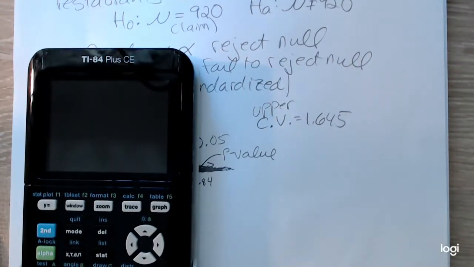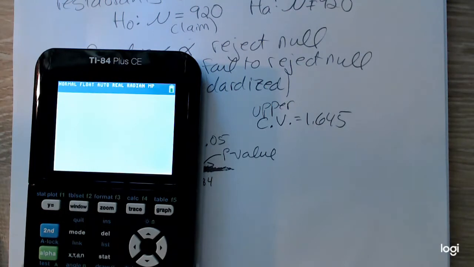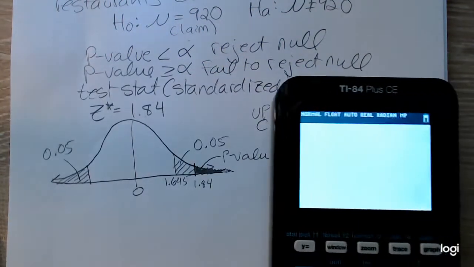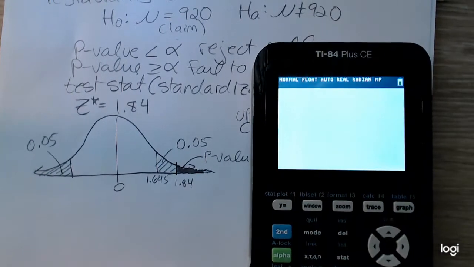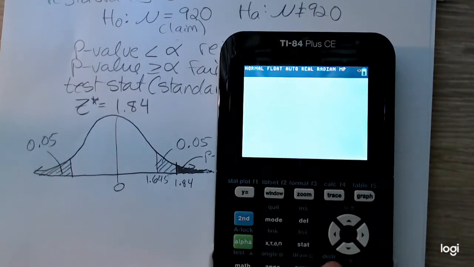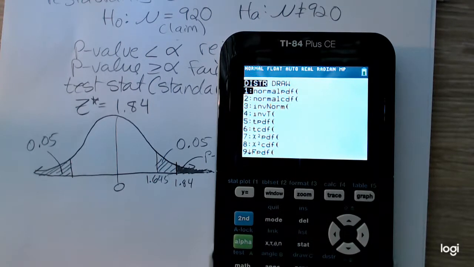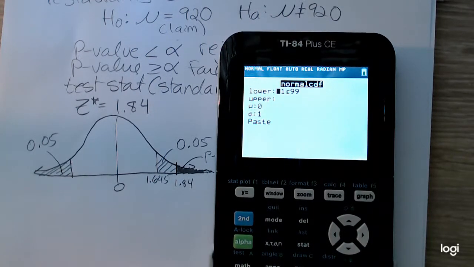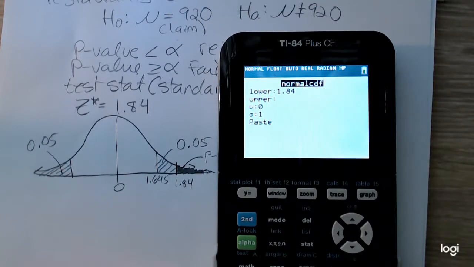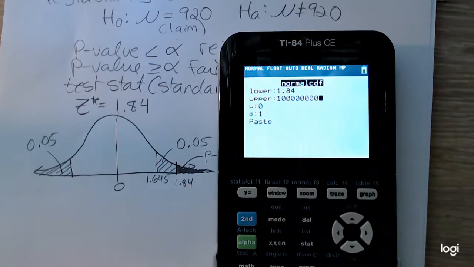All right, turning on my calculator. When you're given a z-score first and you want to find an area, you want to use your normal CDF. So going to the distribution menu, selecting 2. My lower bound in this case is 1.84. My upper bound is theoretically positive infinity, but I'm going to put a 1 with a bunch of zeros.